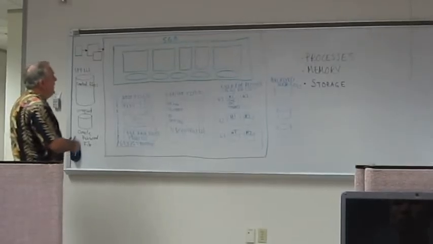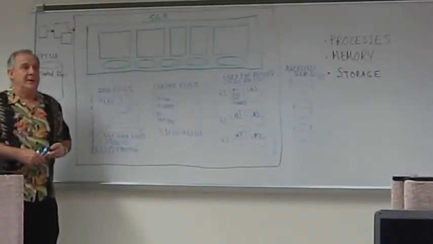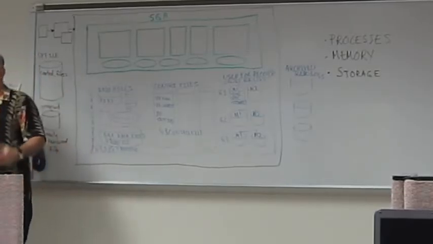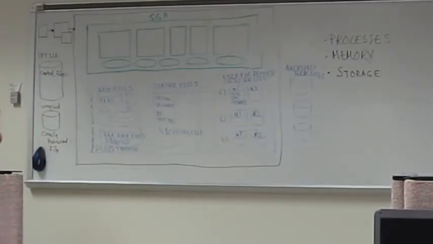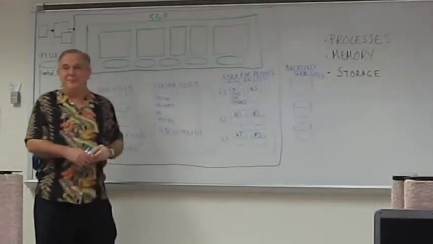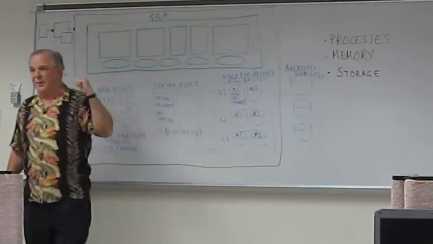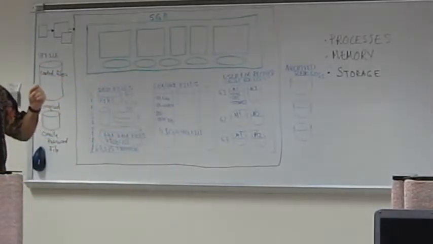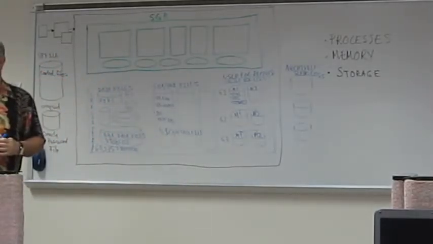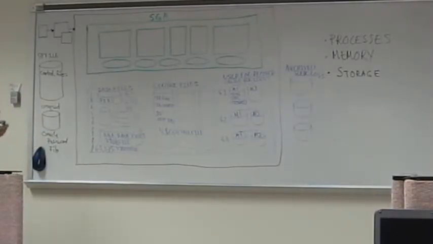Now, there are different components of the SGA. In Oracle 8, 9i, 10g, and 11g, they keep adding different segments of memory. I can't possibly put all these on the board this morning. But what I have placed up here is what you'll find in most databases from Oracle 8, 8i, 9i, 10g, and 11g.